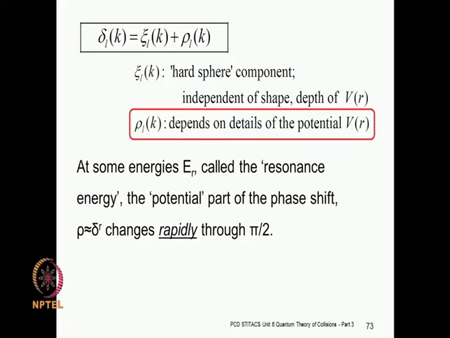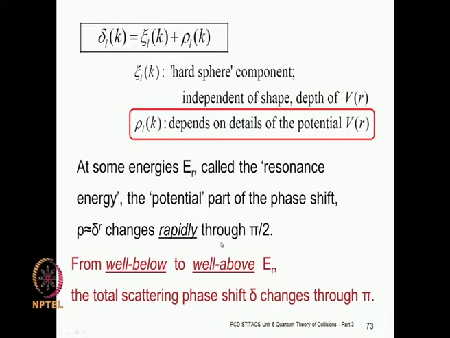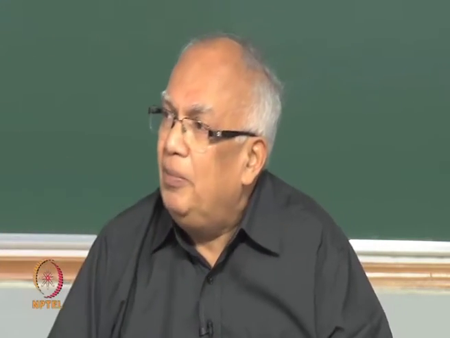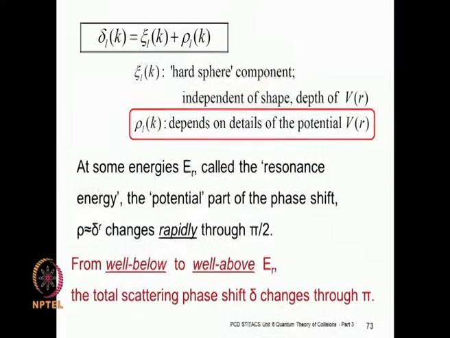So, it will be extremely sensitive to the resonance phenomenon, and you will see that it changes very rapidly through pi by 2, but if you go to slightly lower energies and go well above the resonance, then over this region the phase shift rho or the consequent phase shift delta will change through pi. I will show these figures and that will make this whole thing very clear.